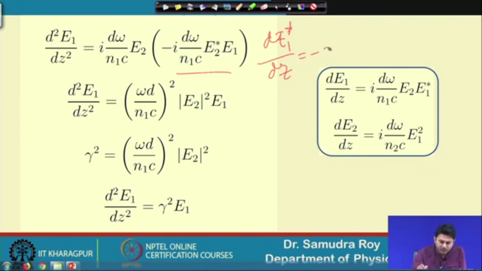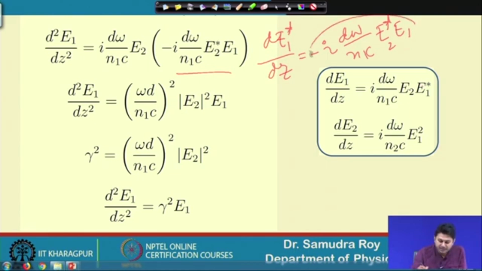So, I need to replace this with minus i, because the complex conjugate of this will be d E 1 star d z. So, it will be d omega over n 1 c, E 2 star E 1. Here it should be star and this should be E 1, because I am taking the complex conjugate of that.